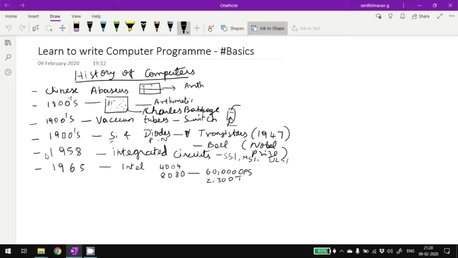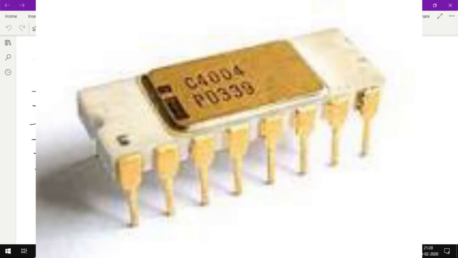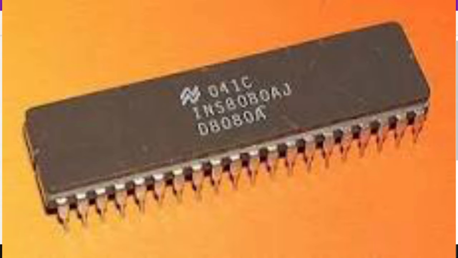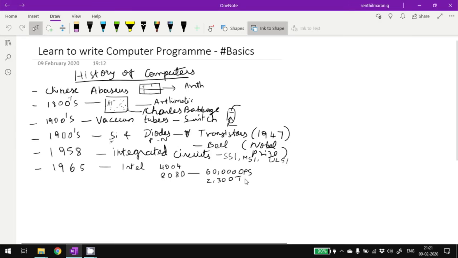Based on these integrated circuits, Intel developed their first known processor, called the 4004. After the 4004, Intel developed their most standard processor, called the 8080. It has a capacity of 60,000 operations per second, and it has 2300 transistors integrated within it.